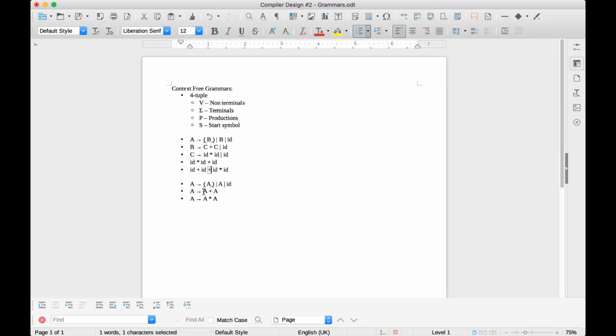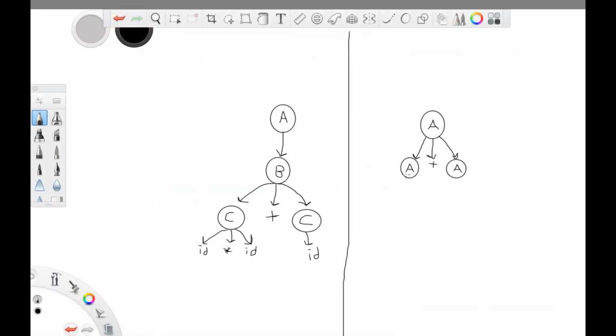So we could make one of the A's A plus A. Because as you can see, each A can produce A plus A. So let's try that. A plus there. And then two more.